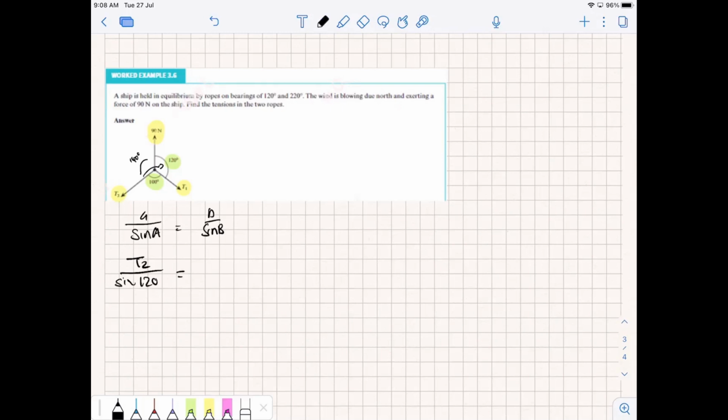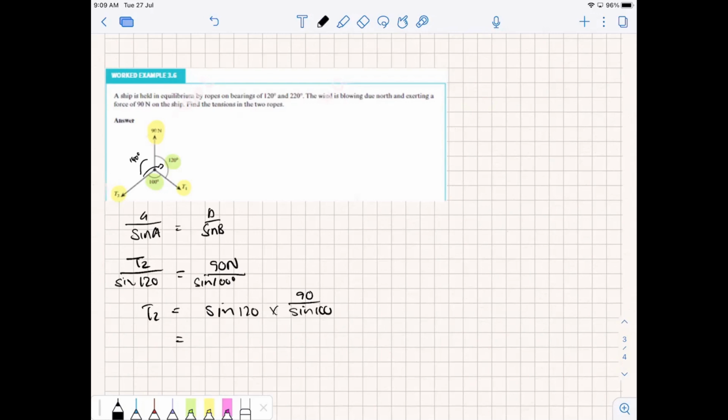Right? Let's go find a side and an angle that we know both of, right? That's going to be that 90 newtons. And the angle across from it is 100 degrees. And so T2 is just equal to sine 120 multiplied by 90 over sine 100.